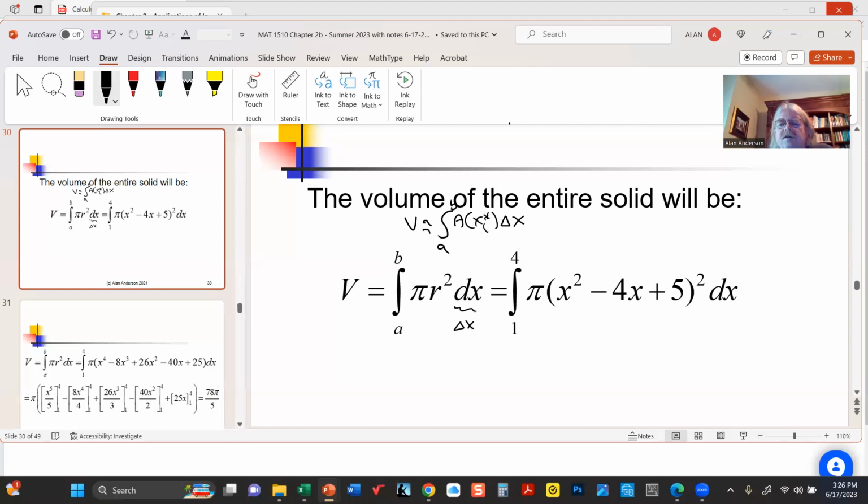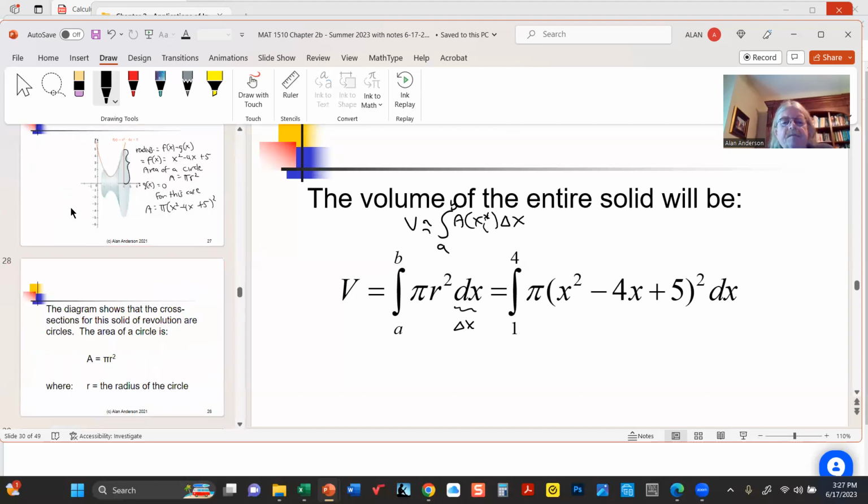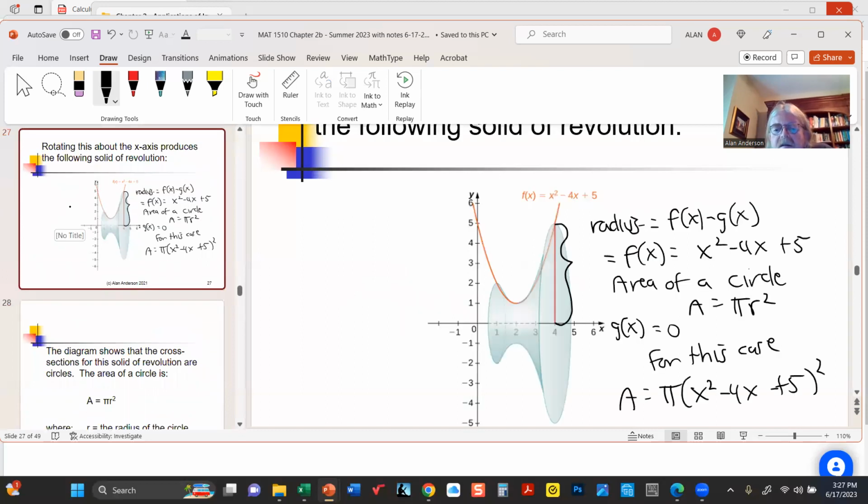Okay, so in other words, if we took that shape and visualize that we're breaking it up, they're basically slices, each of which has the same width, delta x.